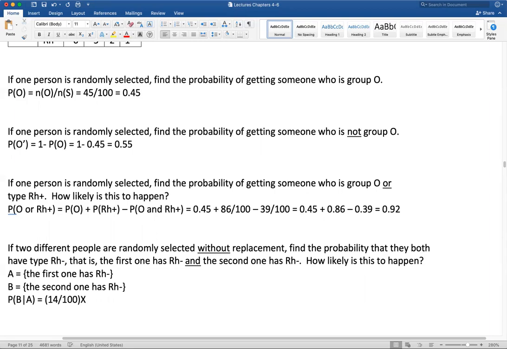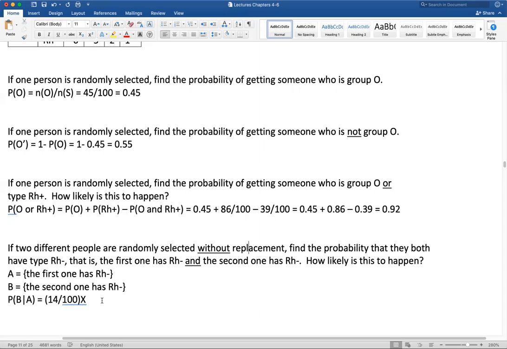If two events occur consecutively, then we use multiplication. Also, the two events are not independent, right? Because without replacement, event A affects the probability that event B occurs. So the two events are not independent.